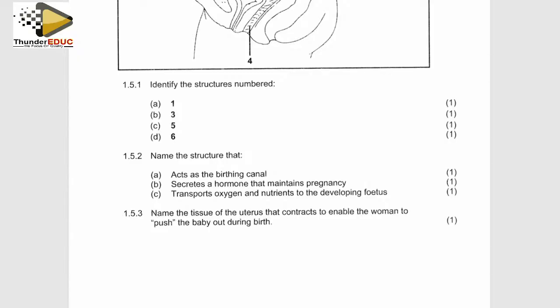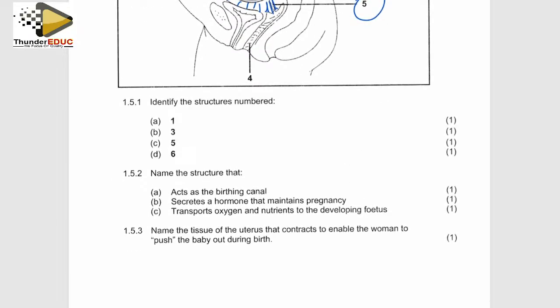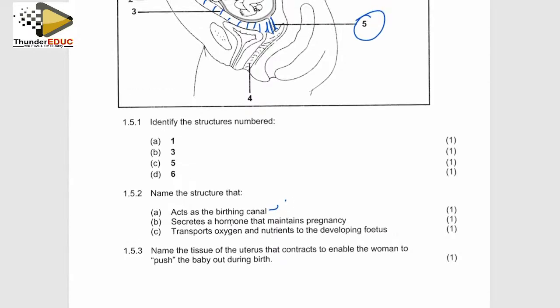All right, name the structure that acts as a birth canal. Oh, here they're saying name. They're not saying use the numbers. So automatically it is the vagina. And then they're saying the structure that secretes the hormone that maintains pregnancy. We call it the placenta.